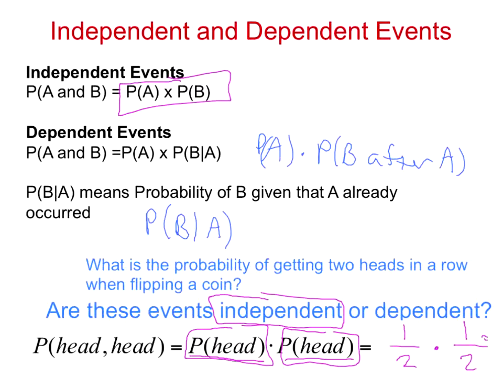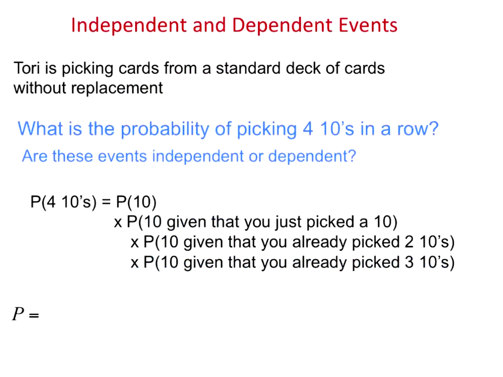How many total options do you have? 2. So my probability of getting a head and then a head right in a row is 1 out of 4. Straight across the top, straight across the bottom. Those are independent events, meaning it doesn't matter what you flip the first time, the second time you could still flip either one with an equal amount of probability.